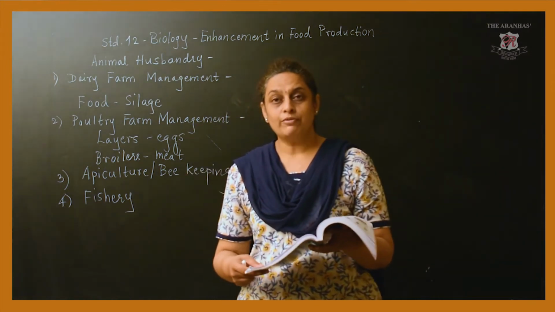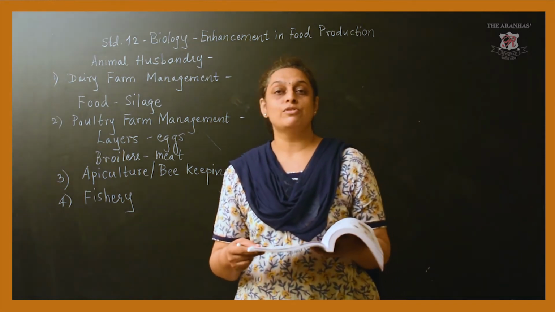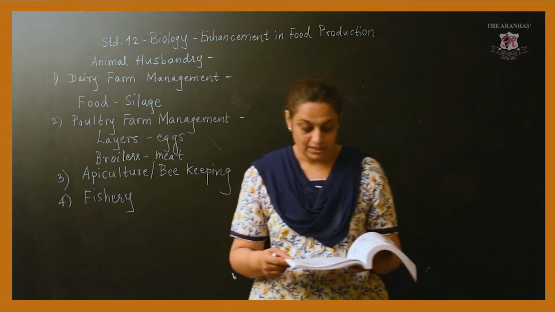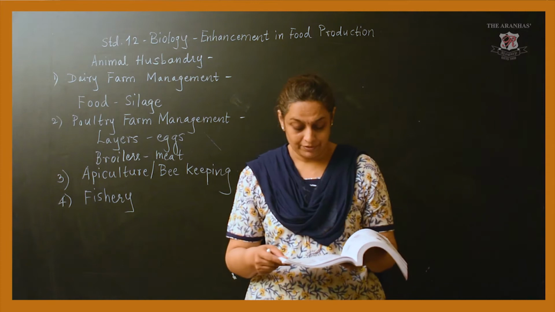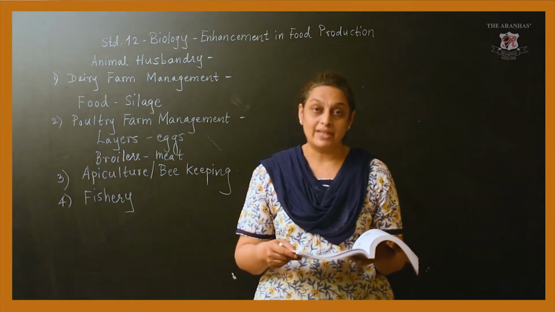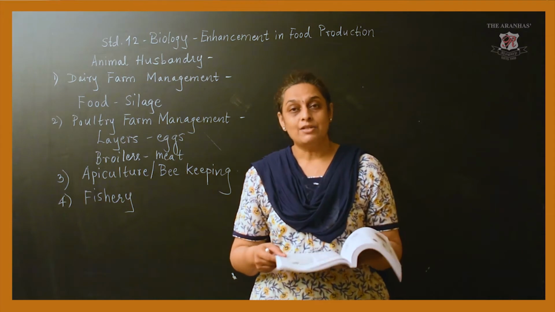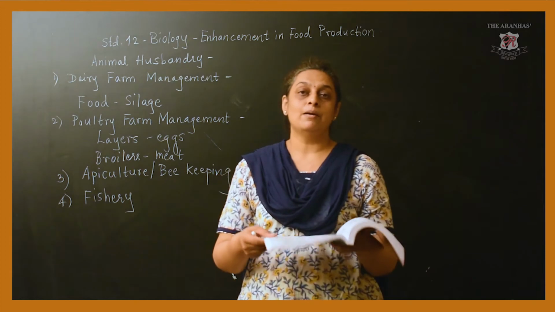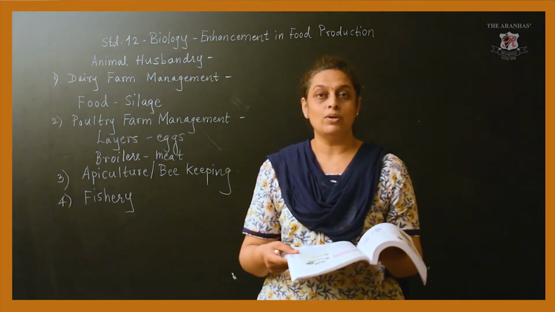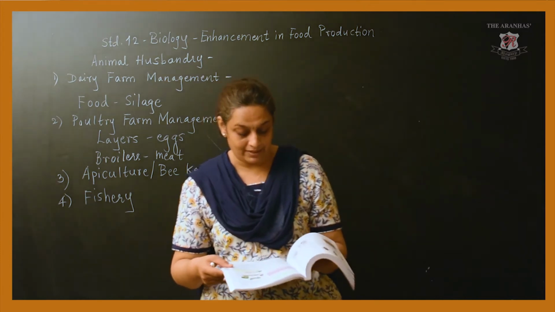Now, apart from rearing these fishes, not only for food purpose, but fishery is useful in many other ways. For example, fish oil, fish meal, fertilizer. Now we eat fish, but parts of the fishes which we don't eat are then decomposed and converted into a good quality manure which is called fish meal fertilizer.